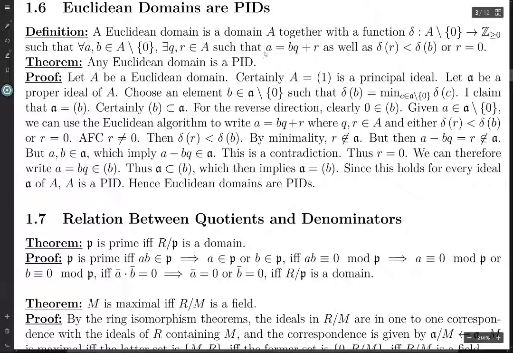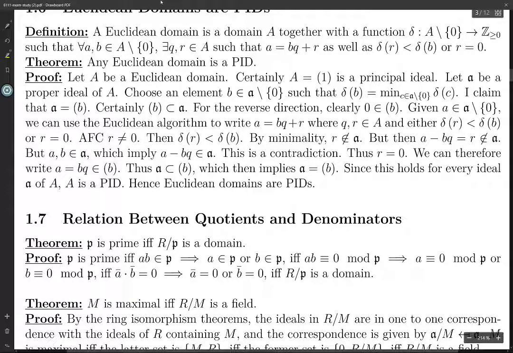I.e., you can write A as some multiple Q of B plus some remainder R, where either the size of the remainder is less than the size of the thing you're dividing by, or the remainder is 0. And the theorem is that any Euclidean domain is a PID.